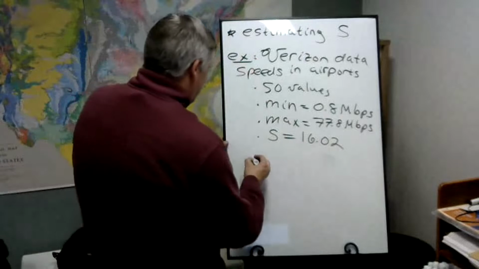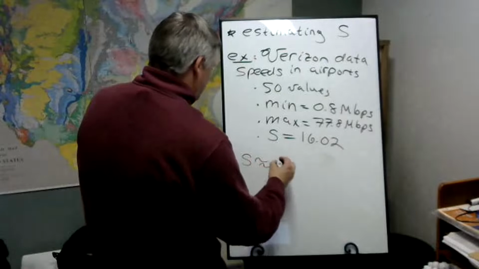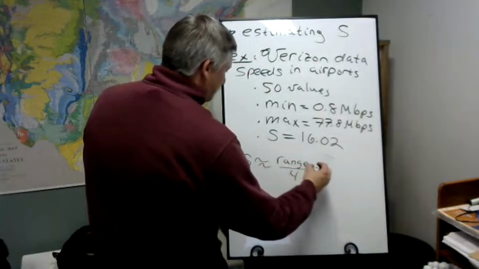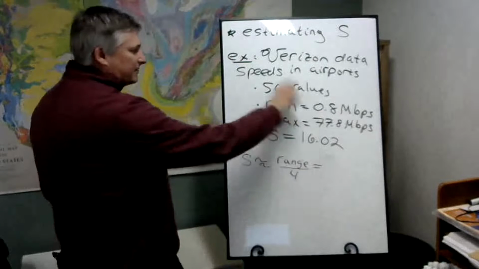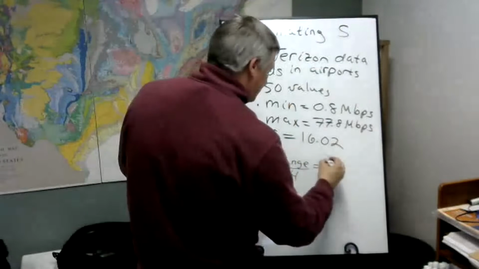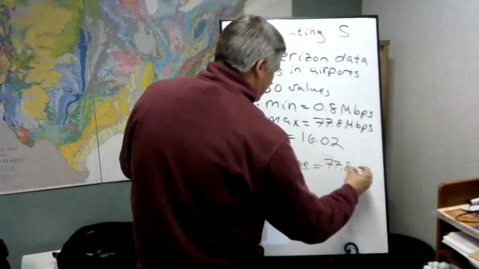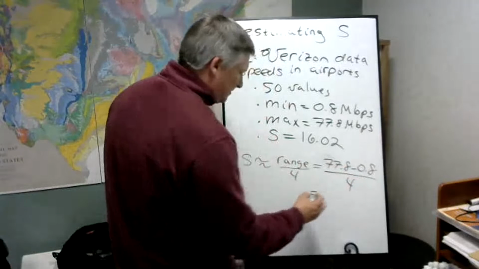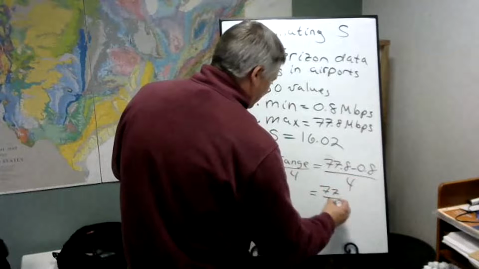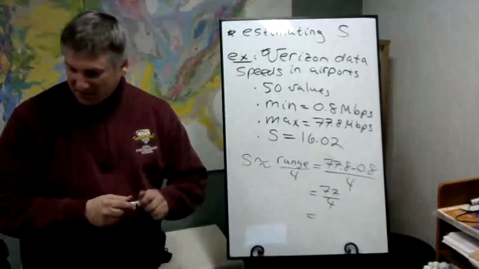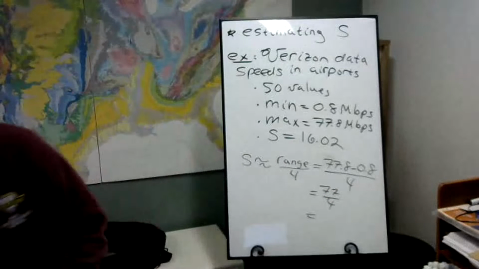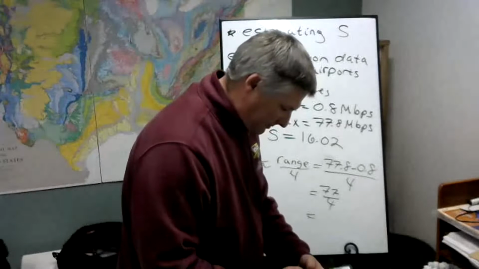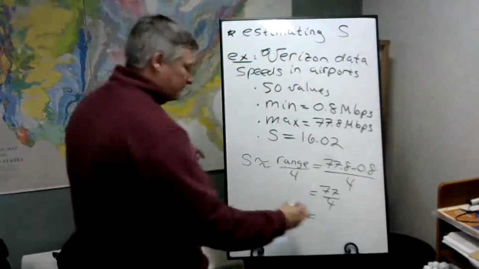But if we use the estimate, range divided by 4, well, max value minus the smallest value, 77.8 minus 0.8 divided by 4, or 77 divided by 4, and that's 19.25.